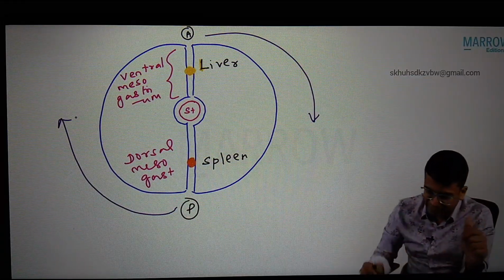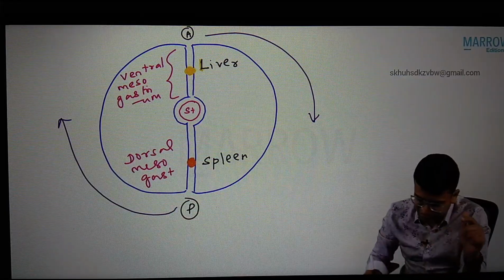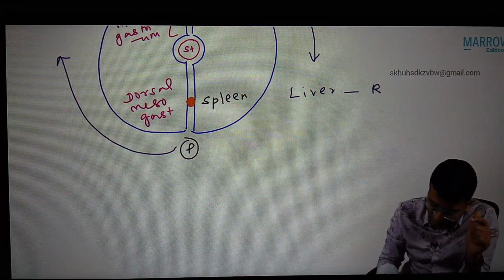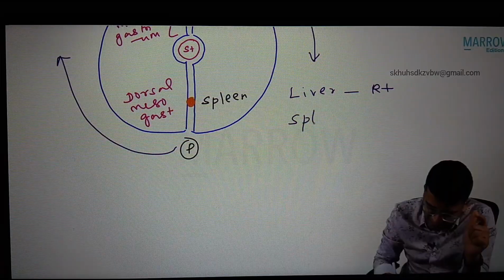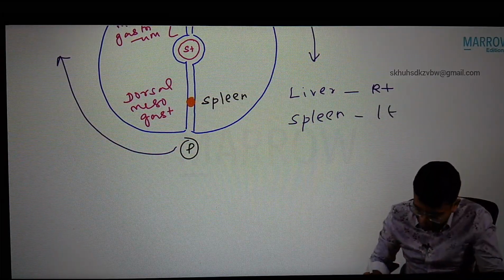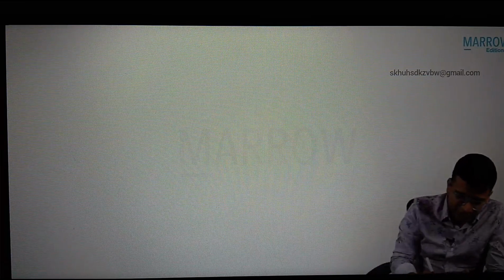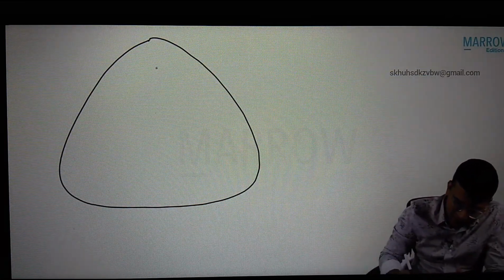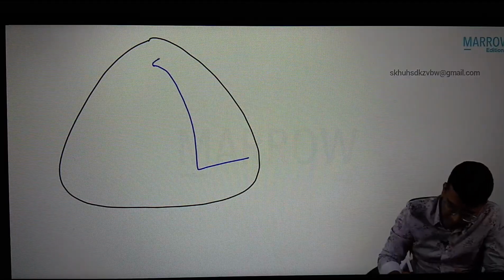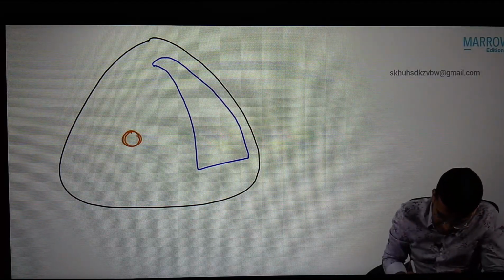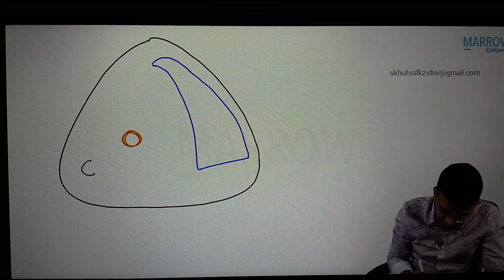So now we're going to draw one diagram for that. Because of this rotation, the liver will come to the right side and the spleen will go to the left side. Now this is the cut, another diagram. This is our liver, this is our stomach, and this is our spleen.